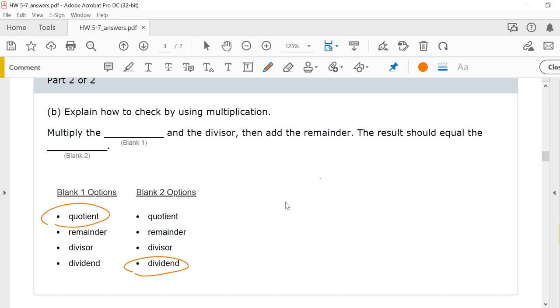So real quick, definitions. Here's the dividend. Here's the divisor. Your quotient is up here. And then after you get everything, the last thing that you have is the remainder. Hopefully that'll help.